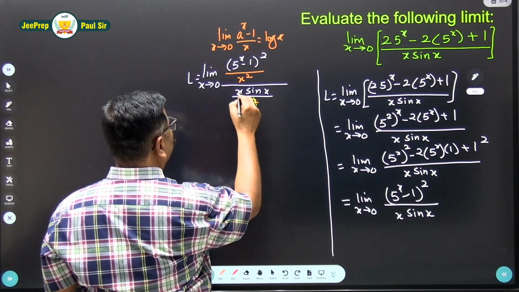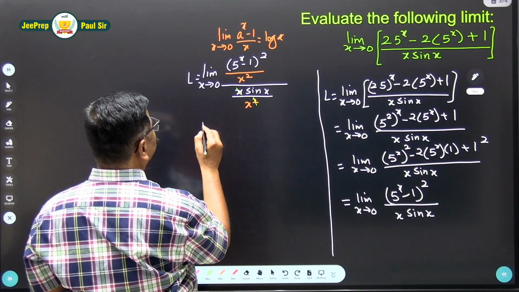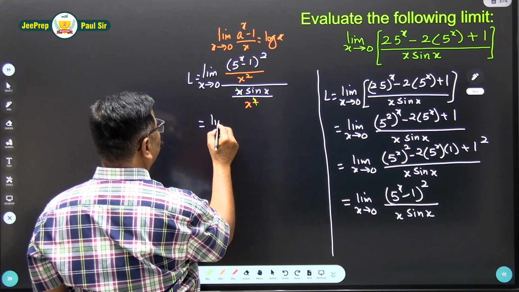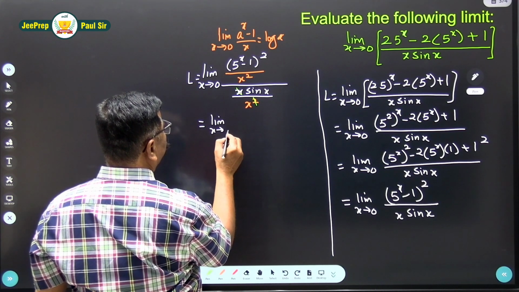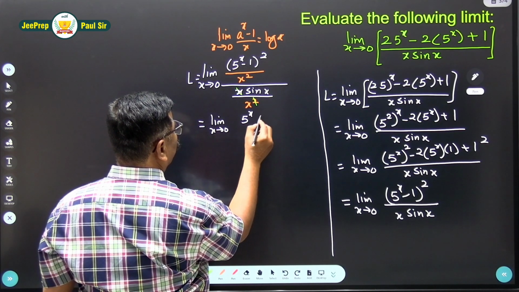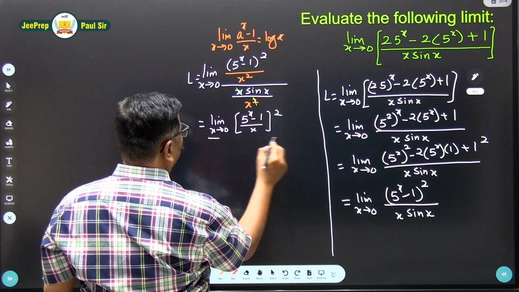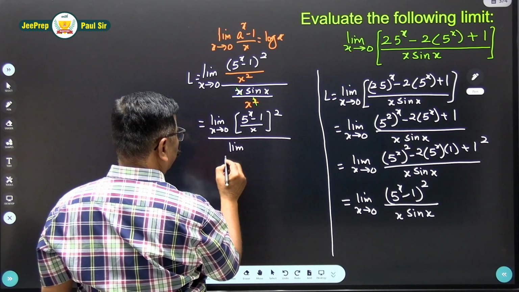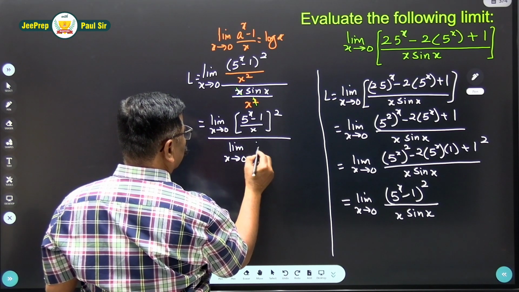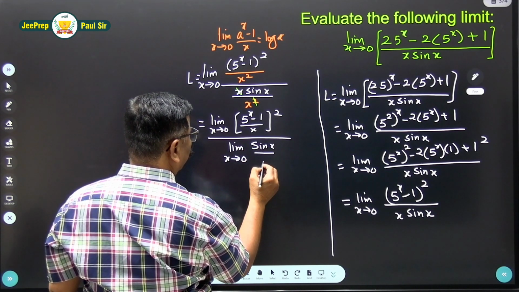So now this x will cancel with this x square. Therefore the limit of the numerator will be (5 raised to x minus 1 upon x) the whole square, whole divided by limit x tends to 0 sin x upon x.